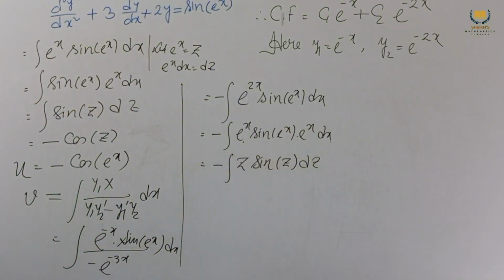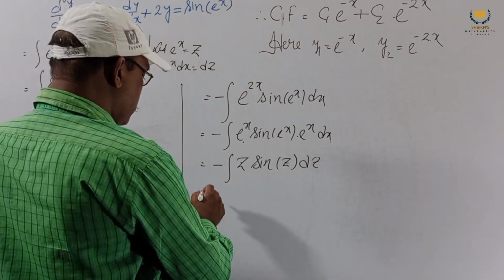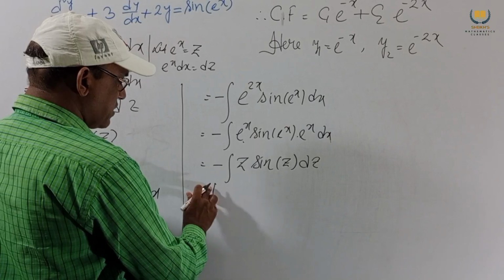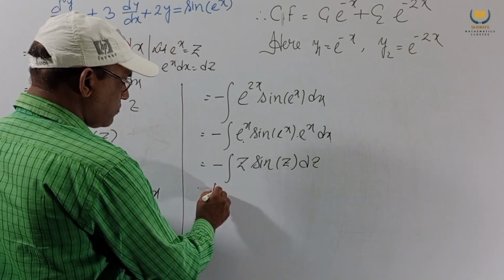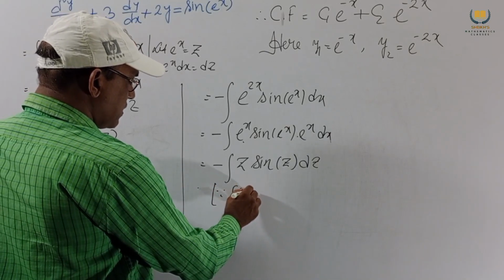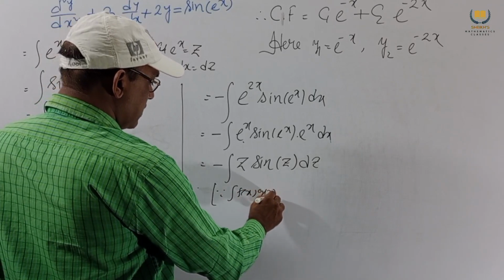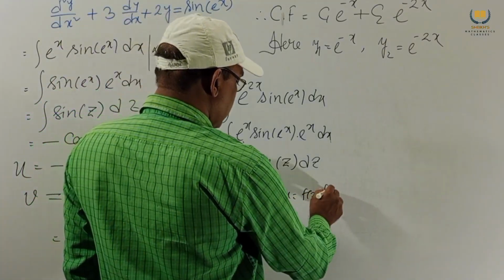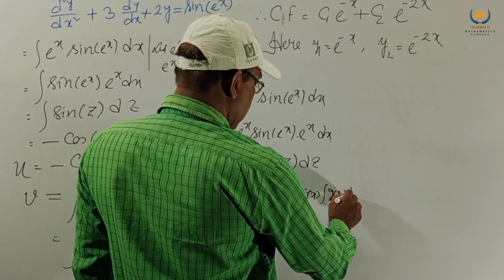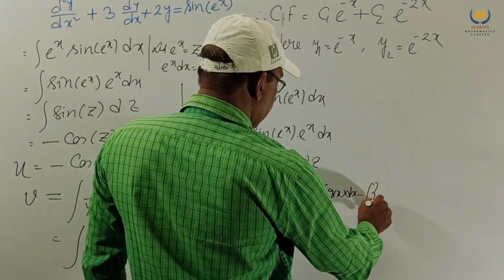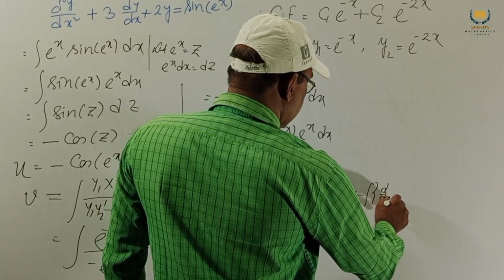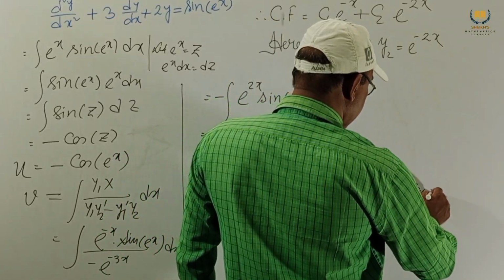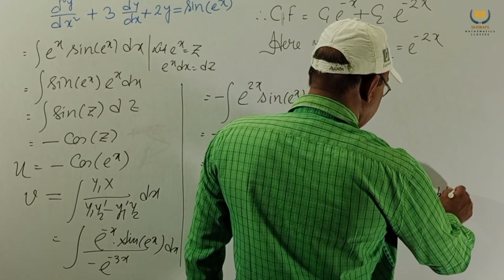So using the by-parts formula, we know the by-parts formula. I am rewriting this by-parts formula: integration of f(x) g(x) dx is f(x) integration g(x) dx minus integration of (d/dx of f(x) times integration g(x) dx) dx.